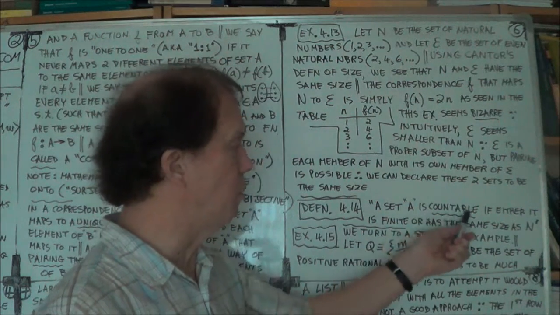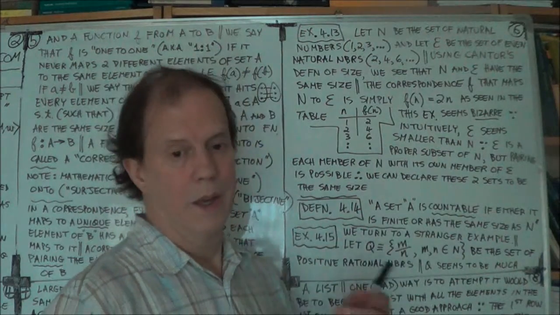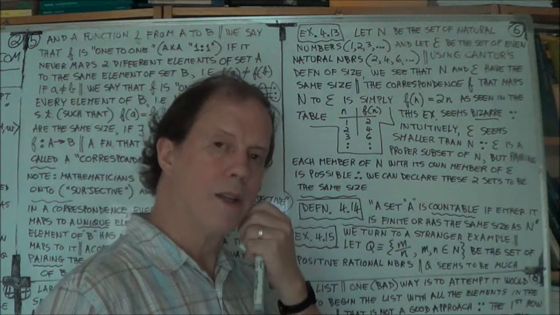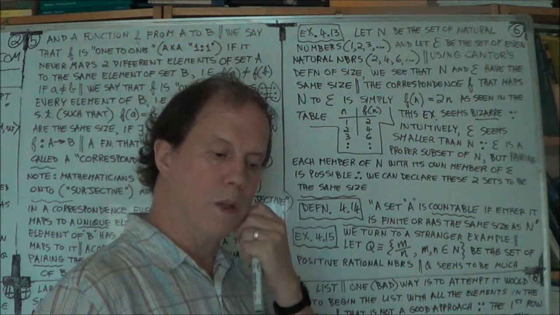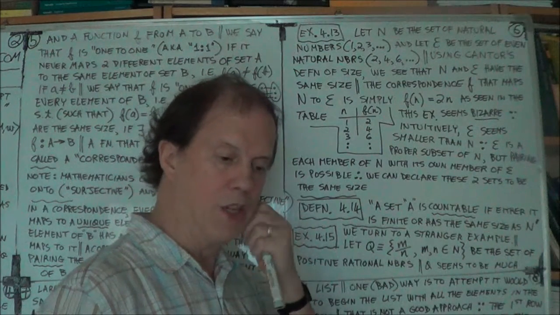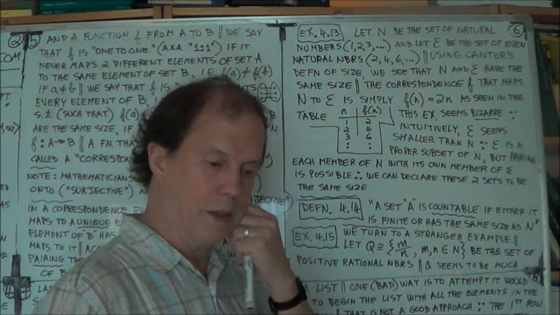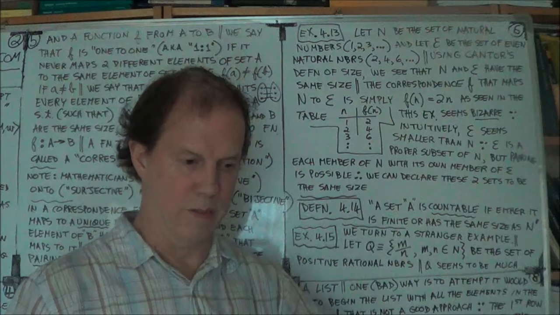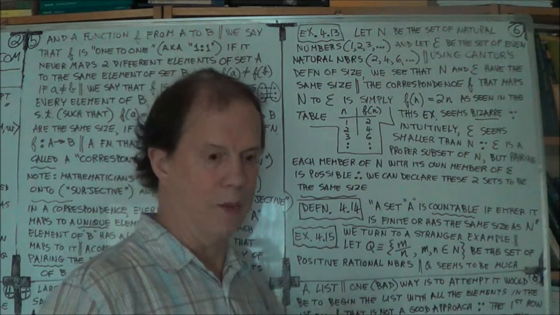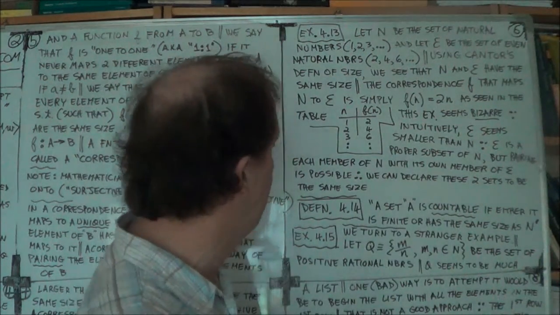That's why the word countable was chosen. So if I'm talking about a countable set, it's either a finite set or a set that has a bijection with the natural numbers, or a correspondence with the natural numbers, or you can pair off the members of that infinite set with the natural numbers. They're all different ways of saying the same thing.